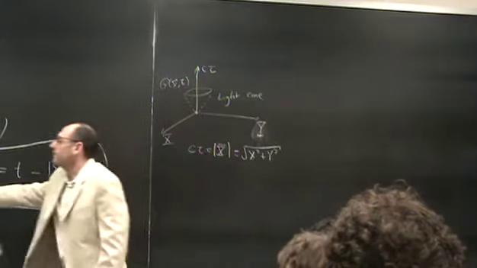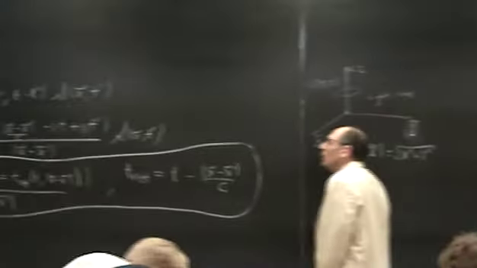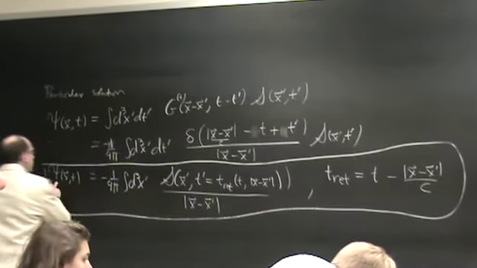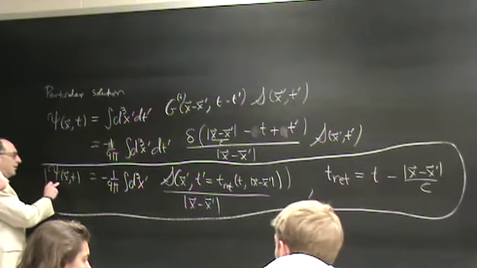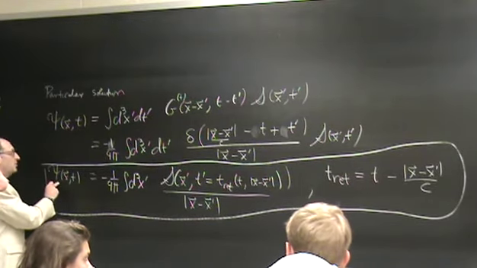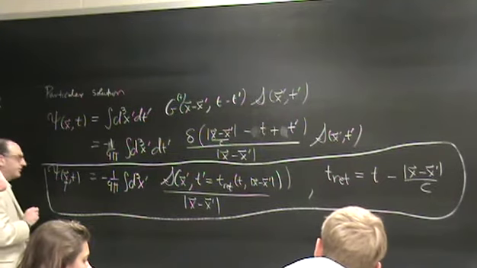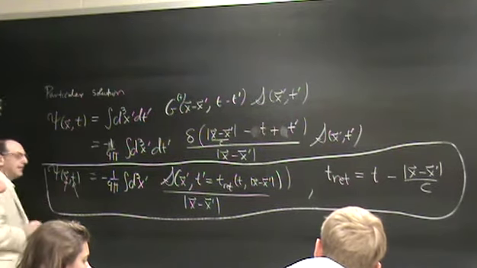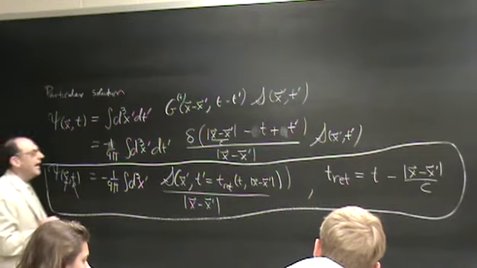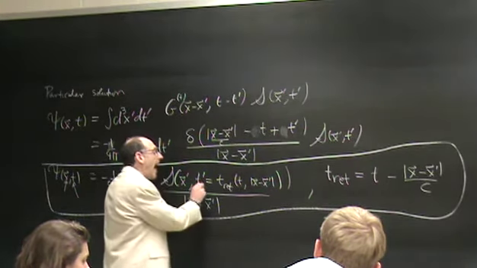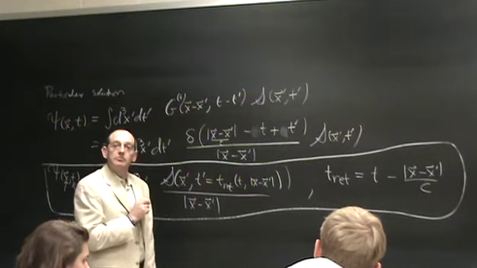What does this solution tell us? Well, what this tells us is that what wave amplitude exists at position x and time t depends upon what the source was doing at an earlier time.